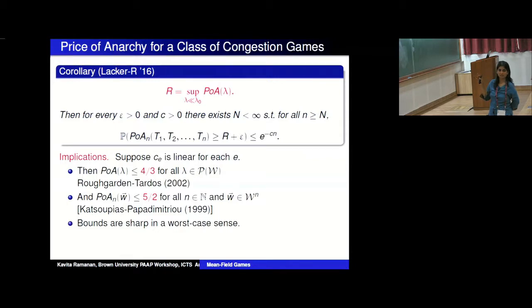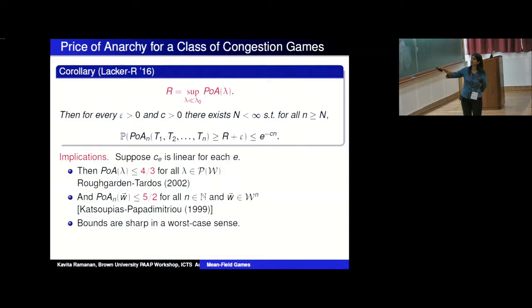Is the statement clear before the implications? Yes, it depends on epsilon. For every epsilon and c, there exists n, which depends on epsilon and c, of course, such that for all n greater than n, this holds. But you can choose epsilon however small, and you're going to have an exponential decay rate.